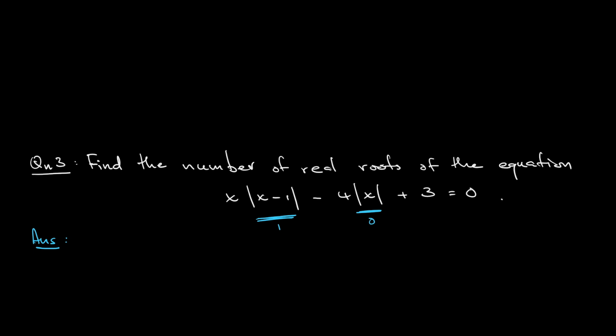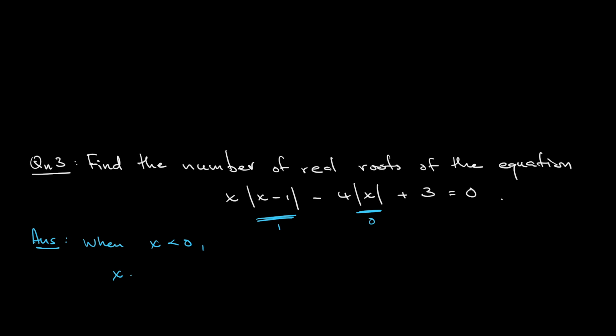Okay, so the first interval is when x is smaller than 0. So when x is smaller than 0, I can determine exactly the sign of each expression within the absolute value. Okay, so when x is smaller than 0, the equation becomes x multiplied by, x minus 1 is a negative number, but because it has absolute value, coming out of the absolute value it needs to be minus of whatever is inside, right?